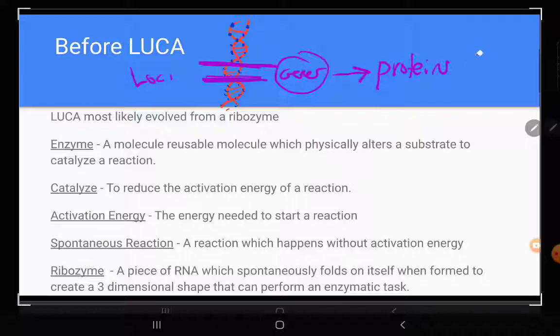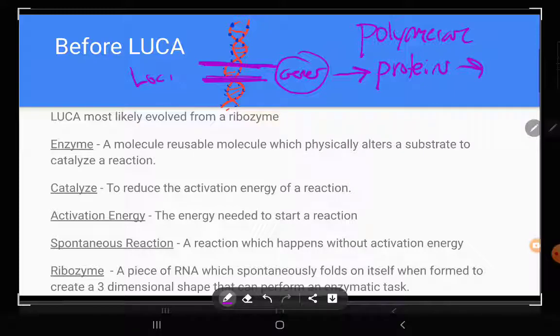Sometimes there's a specific protein called a polymerase, because it makes polymers, and that can actually make more DNA. So this is DNA making itself, which means it's a good candidate for the first self-replicating molecule. However, we have a chicken or an egg problem.